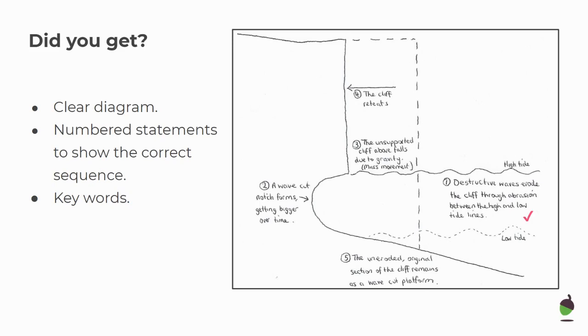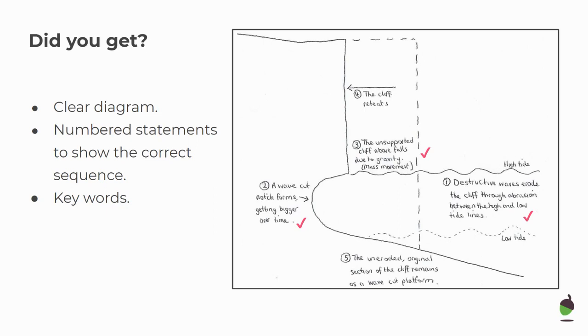Number 1, destructive waves erode the cliff through abrasion between the high and the low tide lines. So at any stage, if you think you need to add something, just quickly add it on. Number 2, a wave cut notch forms, and this gets bigger over time.